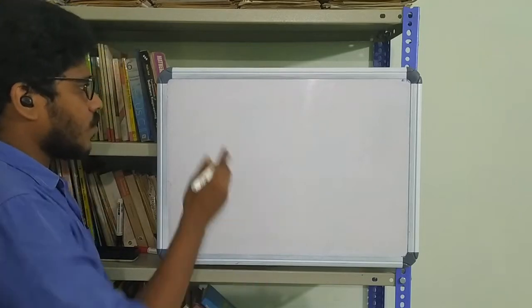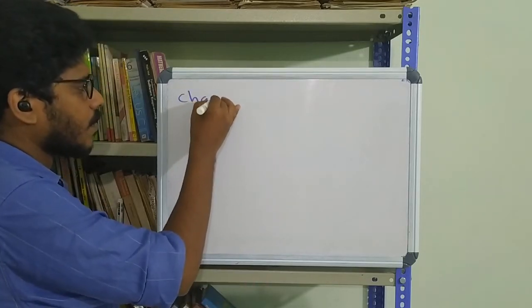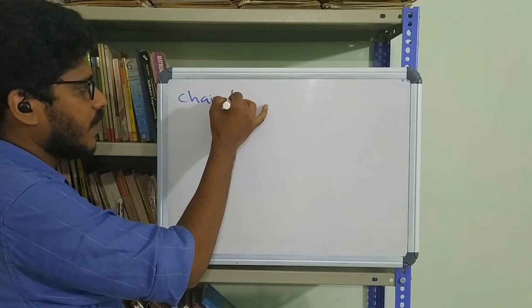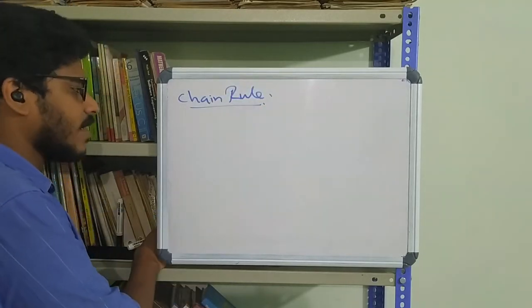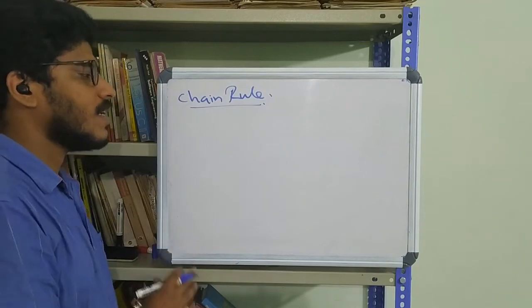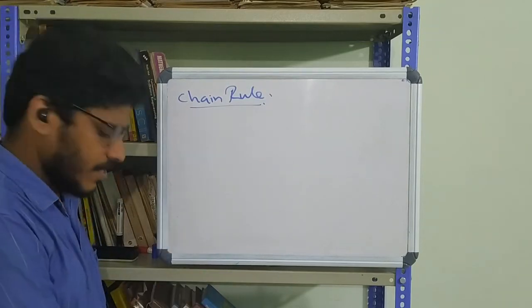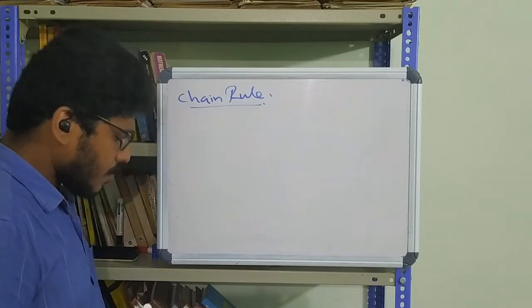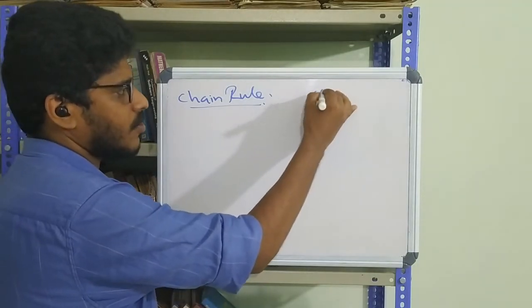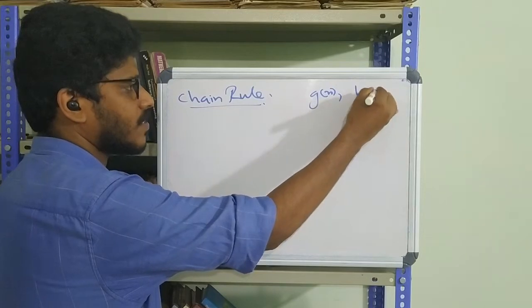Next comes the chain rule. The generalized power function rule and a lot of other rules are derived from the chain rule. Suppose we have two functions, say g of x and h of x.